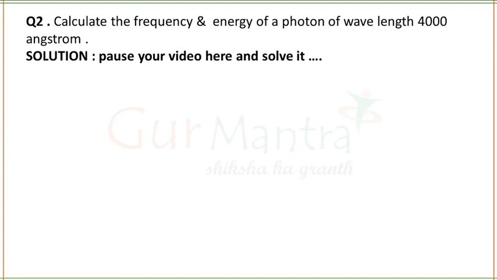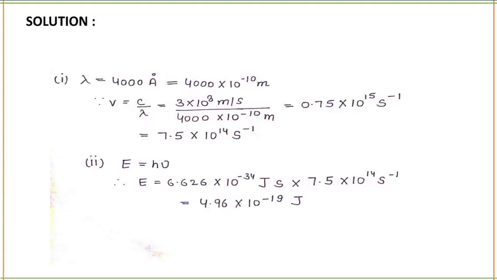Okay guys, let's see the solution for this question. In the first part you have to calculate nu, but you are given the value of wavelength, that is 4000 angstrom. So simply we have changed this value into meter. For changing angstrom into meter, you have to multiply it by 10 to the power minus 10.